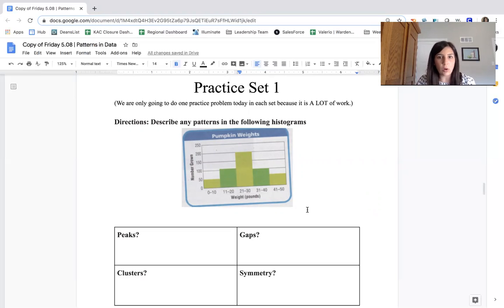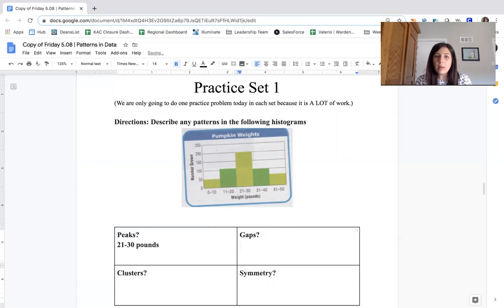Those are pretty big. Okay, so the first thing I'm looking for to answer is, are there any peaks in my data? Are there any points that are really significantly higher than the rest of the data in the set? I definitely see that there's a peak right in the middle here between 21 and 30 pounds. So I'm going to go ahead and write that. There's a peak from 21 to 30. You could write pounds if you wanted to, or you could just write 21 to 30.